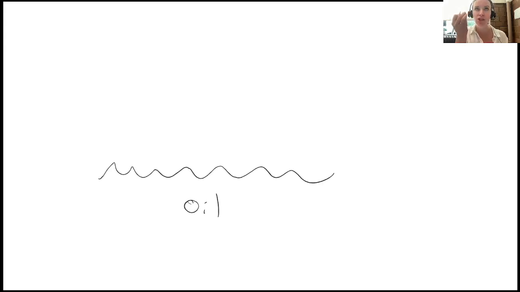Now let's imagine some water molecules interacting with this oil. I'm going to draw some various kind of orientations of the water. So here I've drawn 3 different orientations of water interacting with this oil.